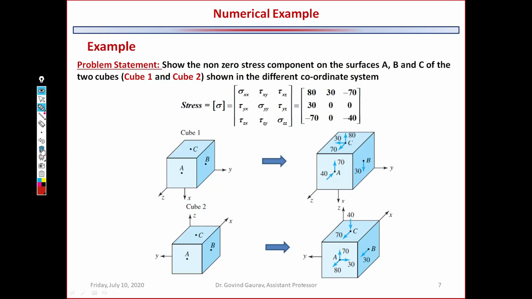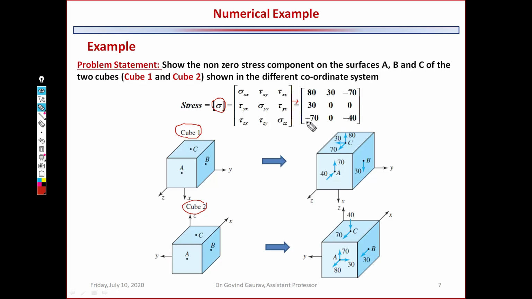So in this case again we have to represent the different states of stress acting on the two different cubes, cube 1 and cube 2. The different states of stress are given over here. We have to represent them on the different faces.